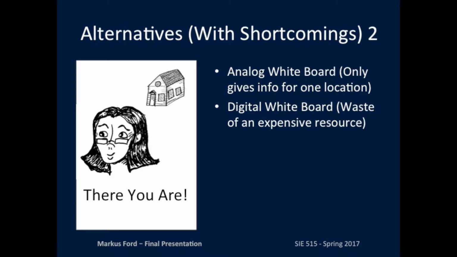As soon as you have two or more locations, you're not able to reach out from the second location in order to update the information on that whiteboard, and so it loses some of its effectiveness. A digital whiteboard may be able to compensate for some of that, but you're really looking at a very expensive resource that you're only using for a fraction of what it's capable of doing. So that's not a good return on investment for that solution.